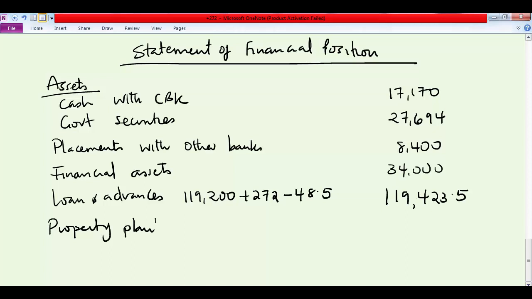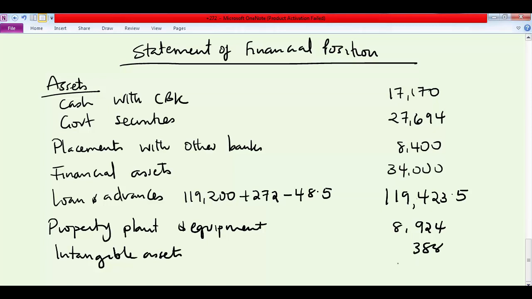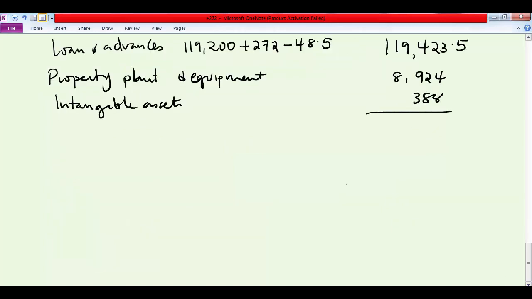Property, plant and equipment gives us 89.24. Then finally, intangible assets, the 88. Let's add them up. I'm getting 215,999.5.